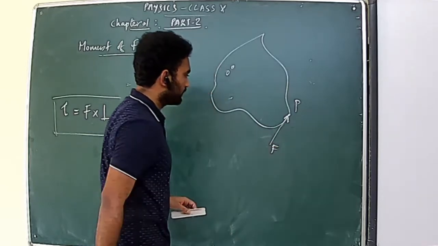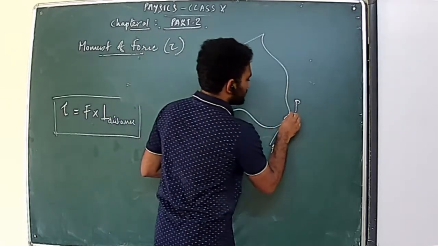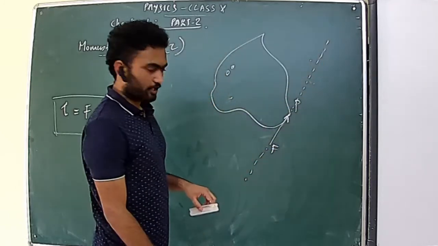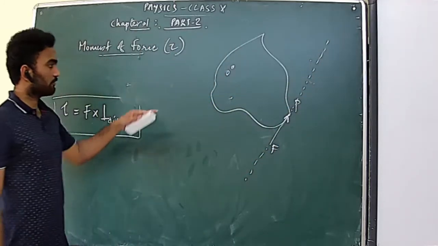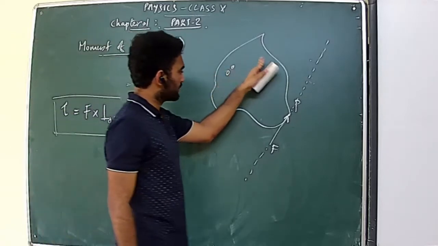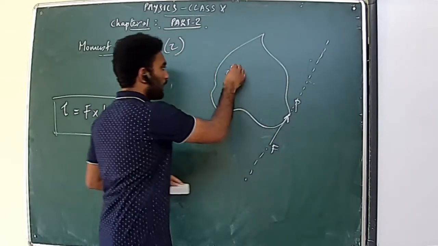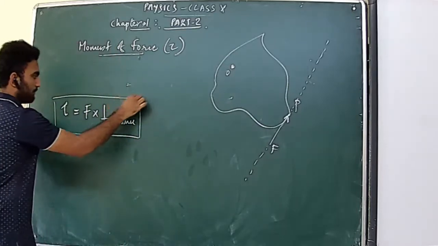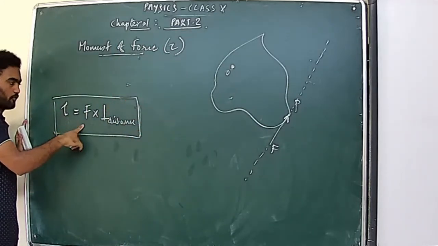Then we can consider the line of action of force in this direction. According to moment of force, if you want to find the total moment of force taking place on this particular body around this turning point, then you have to use the mathematical term that torque is equal to force into the perpendicular distance.